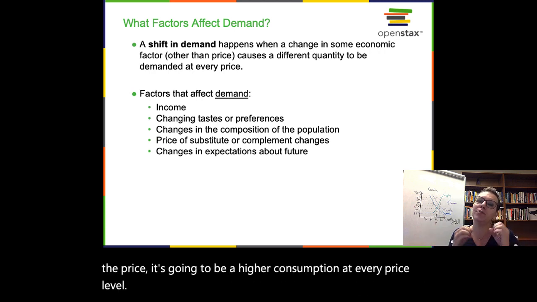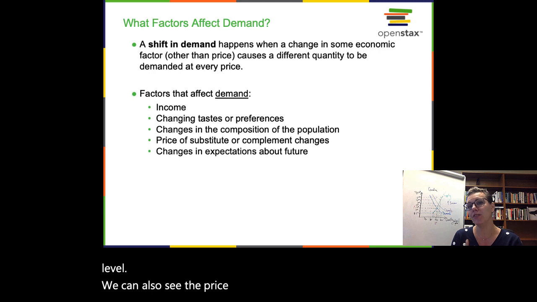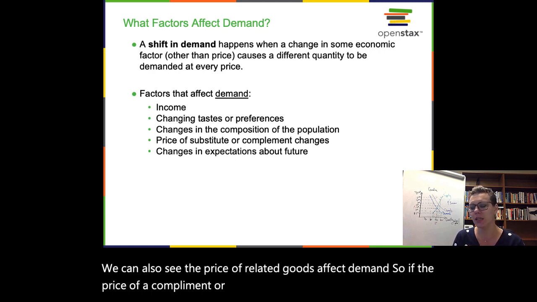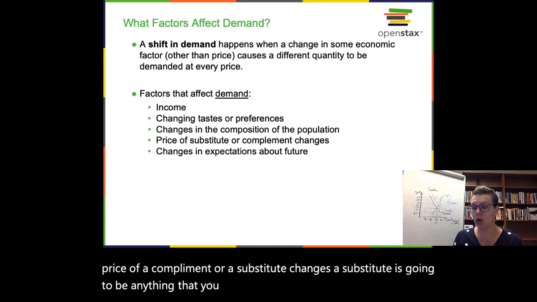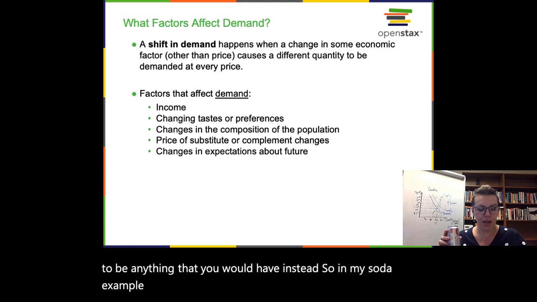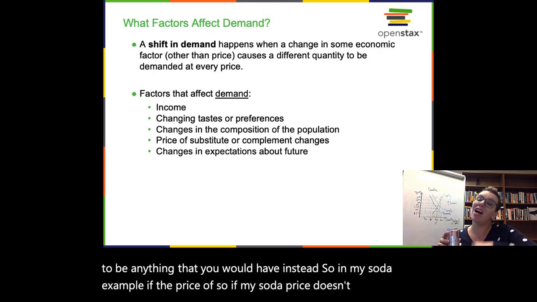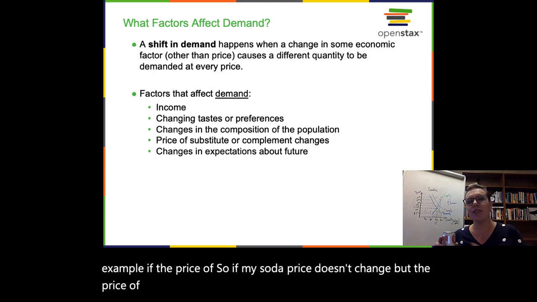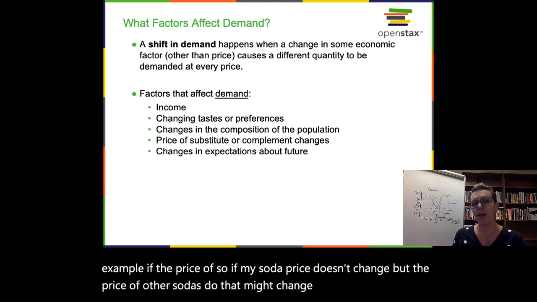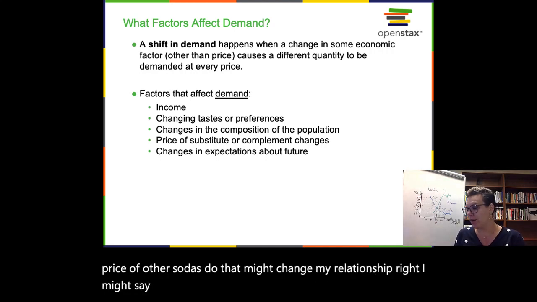We can also see the price of related goods affect demand. So if the price of a complement or a substitute changes, a substitute is going to be anything that you would have instead. So in my soda example, if my soda price doesn't change, but the price of other sodas do, that might change my relationship, right? I might say, oh, wow, Shasta Cola got a lot cheaper.